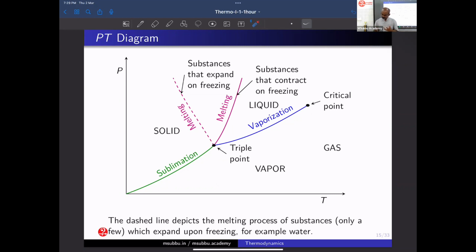Of course, it is not this much change; there is only a very light negative slope, but still, okay. Just to show it in the diagram, we are representing it in a much bigger way. So what is important? Everywhere dP/dT is positive only for those substances that expand on freezing. Otherwise, for systems like water, we have a negative slope. That is the learning from this. And after this critical point, simply it is gas.